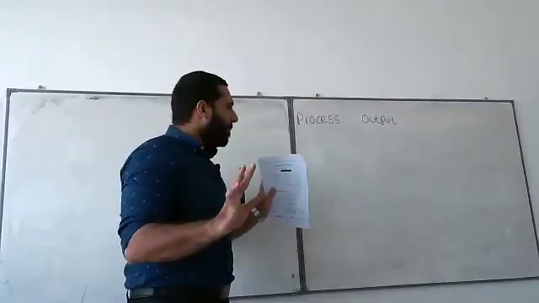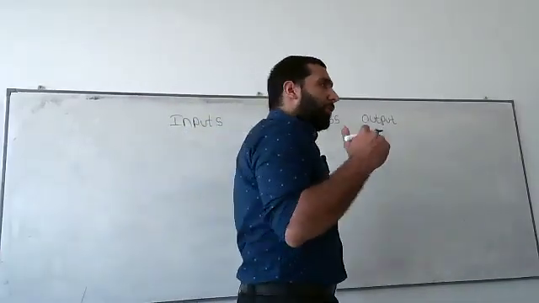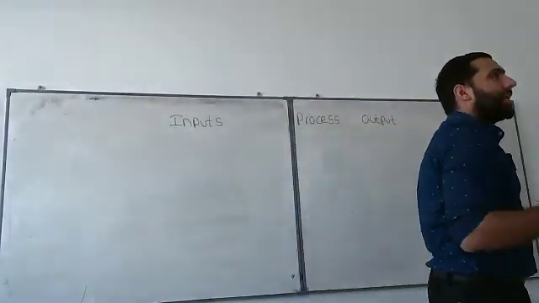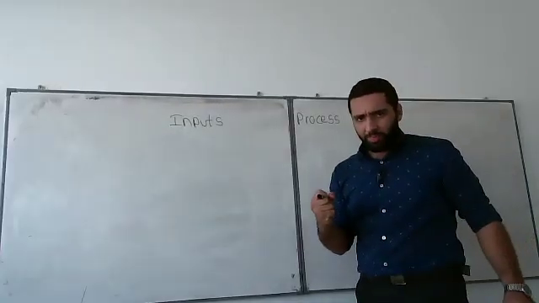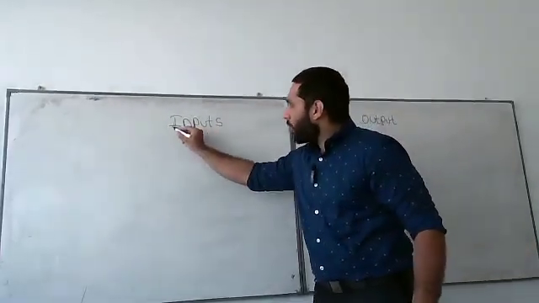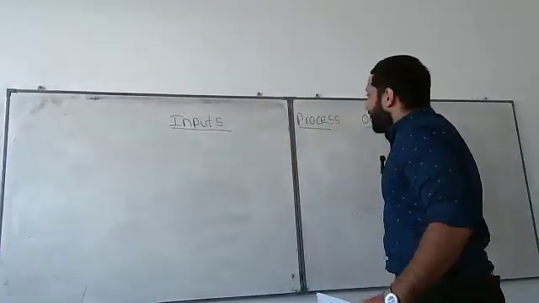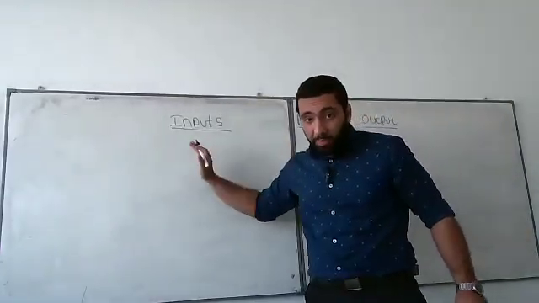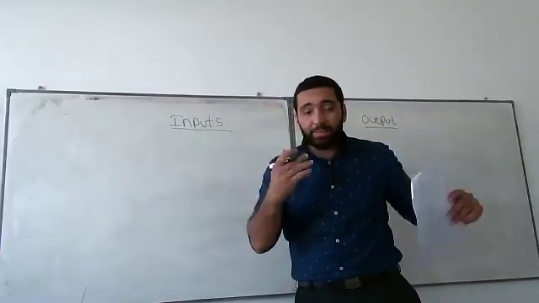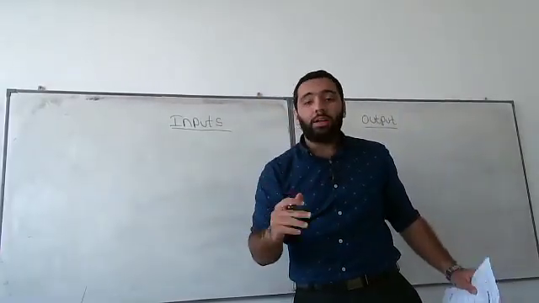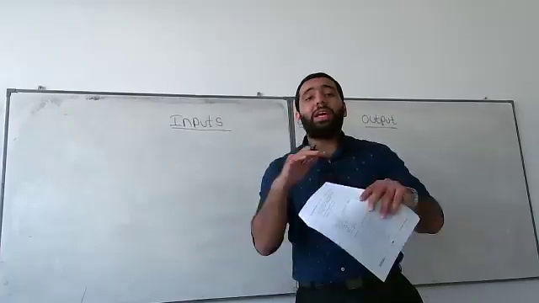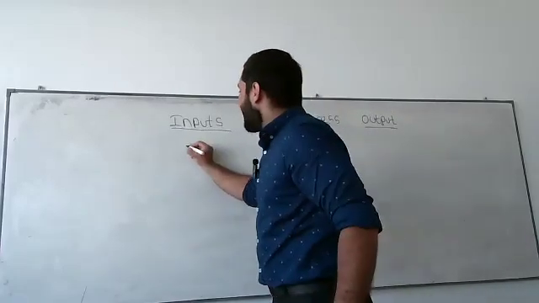So number one, input. If you take a cricketer like Kumar Sangakkara, what is the input? Last week also we learned this, and I'm going to refresh it. The input is his helmet, his gloves, bat, pads, whatever the cricket equipment is.